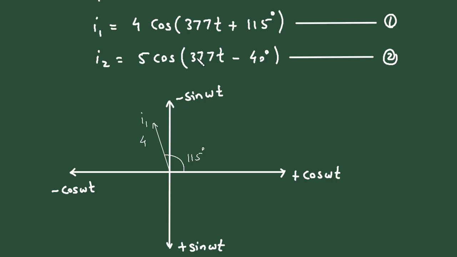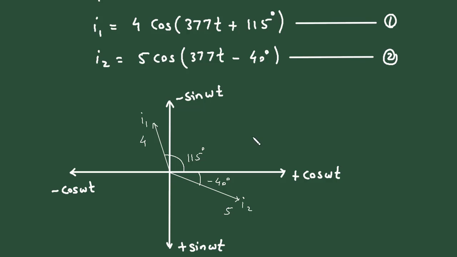Then next is I2. The I2 amplitude is 5 and the angle is minus 40 degree, with reference to this cos. Also this I1 is with respect to this plus cos omega t. So to draw I2, the angle will be minus 40 degree with respect to this cos omega t. So it will be somewhere here and the amplitude will be bigger than this I1 because the amplitude of I2 is 5, and this is I2. The angle is minus 40 degree.